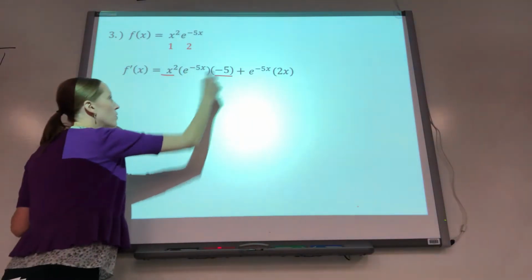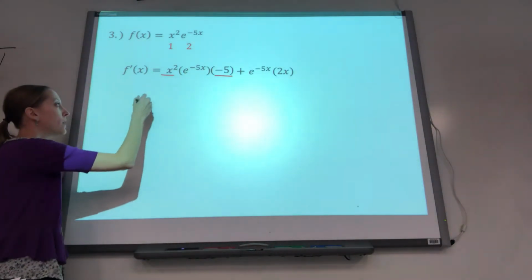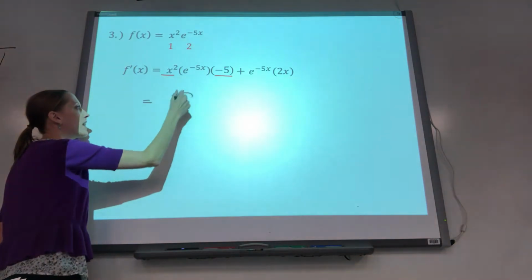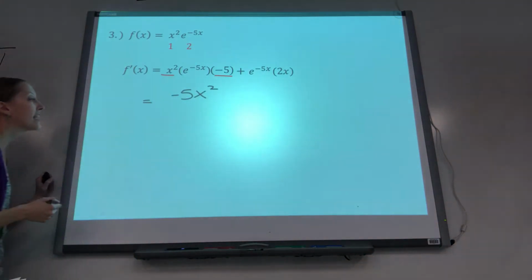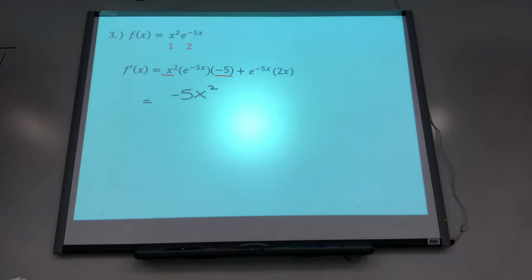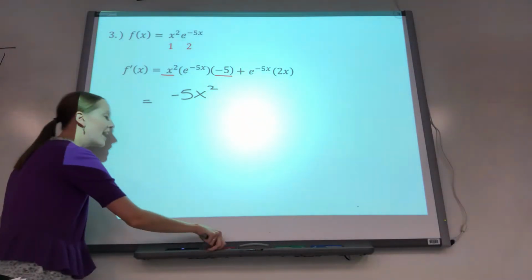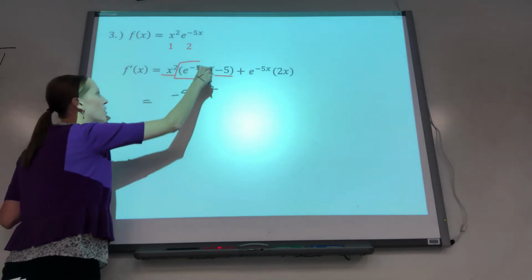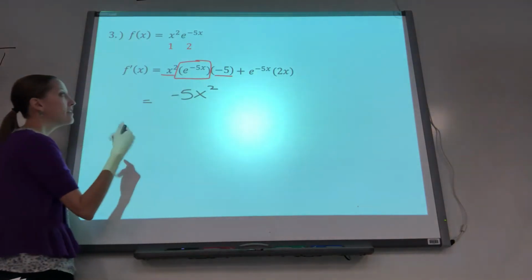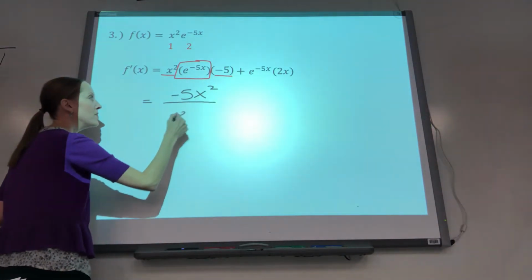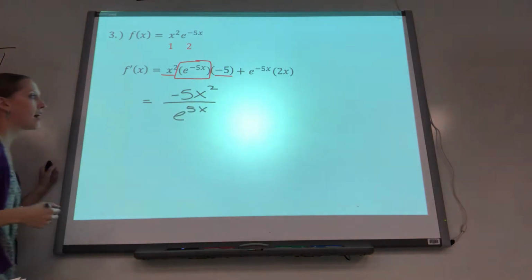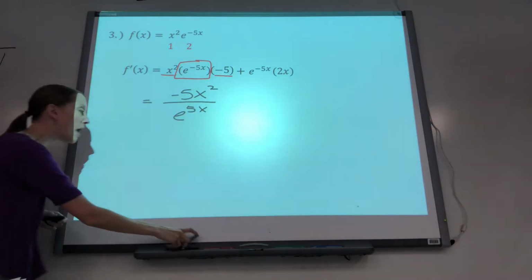Now, with the first group right there, you can take x squared times negative 5 and write that as negative 5x squared. And I usually like to move my negative exponents to the bottom so that they have a positive power.